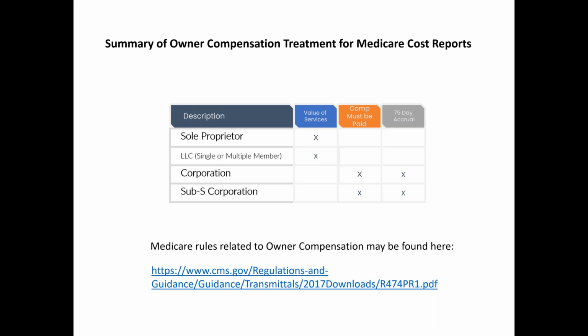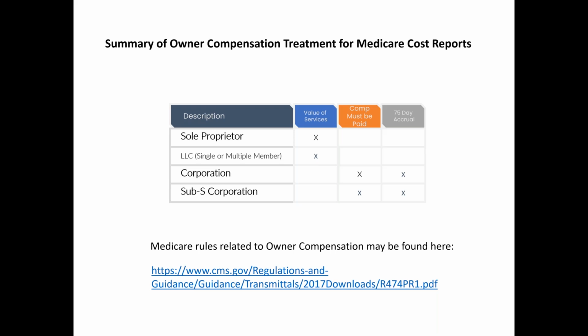We only paid $200,000. So we're going to make an adjustment to increase our allowable compensation by $250,000. We never write a check. We never tell the IRS, and that adjustment increases the cost per visit and increases your all-inclusive rate. That's pretty powerful thing to use, but you can only use it on these particular entities.